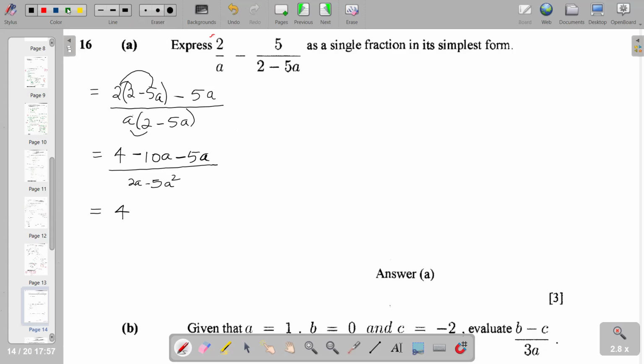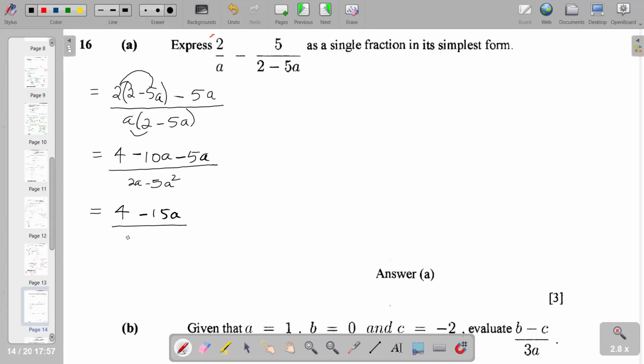Then these are like terms. We are having minus 10a there, minus 5a. These are like terms. So we are going to get our answer as minus 15a all over.